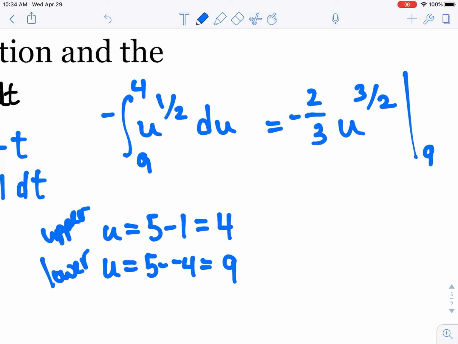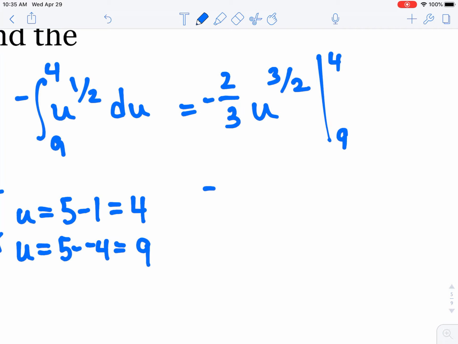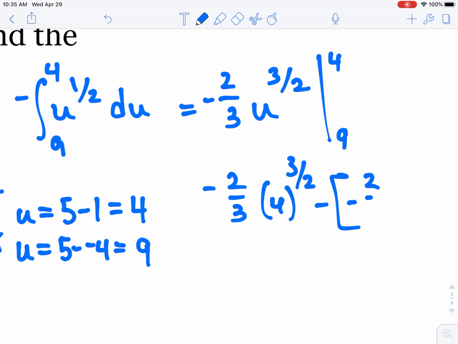And then this is right from 9 to 4. It's just another method. Again, you certainly don't have to do it that way. Just an option.